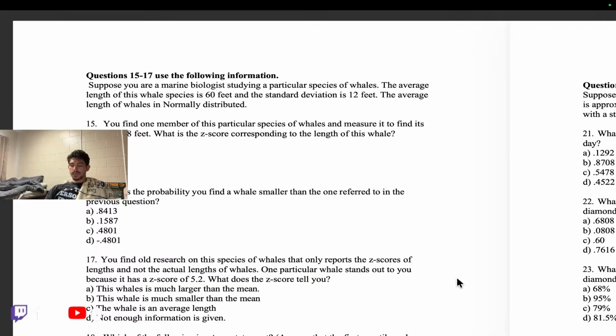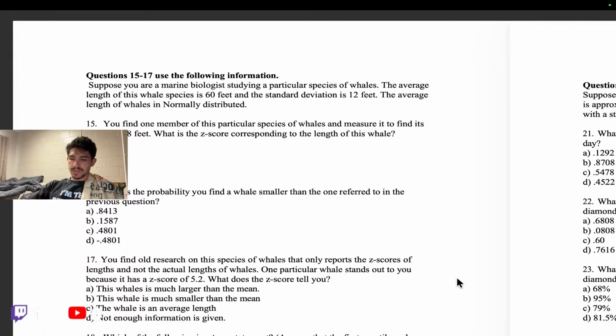What is the z-score? Well, that's not too difficult to calculate. We know z-score is equal to our x, which is 48, minus our mean, which is 60, over our standard deviation, which is 12. So 48 minus 60 divided by 12 is negative 1.